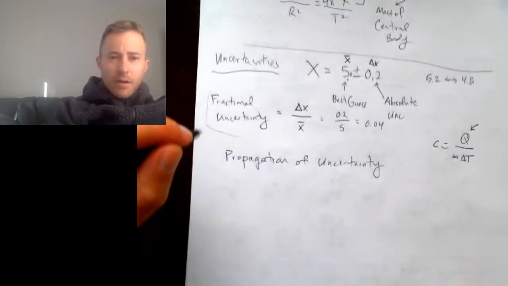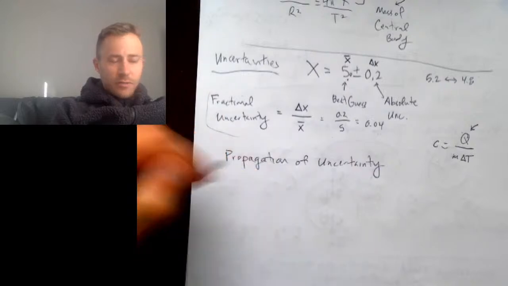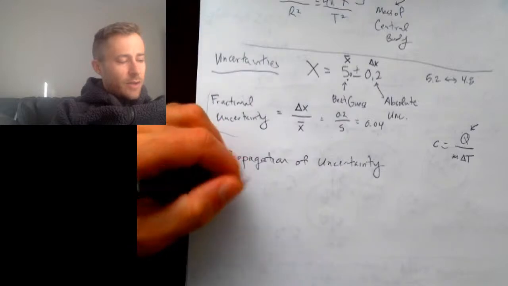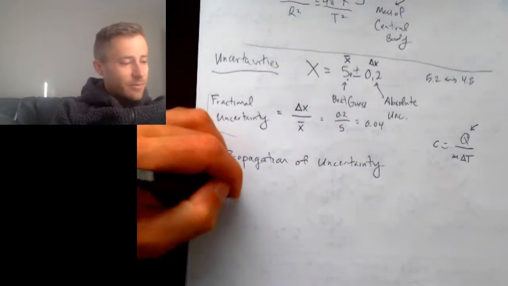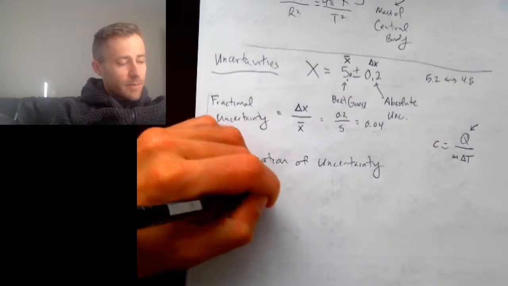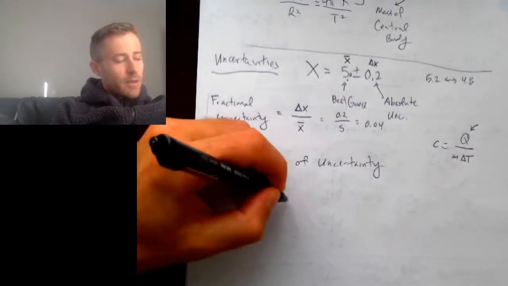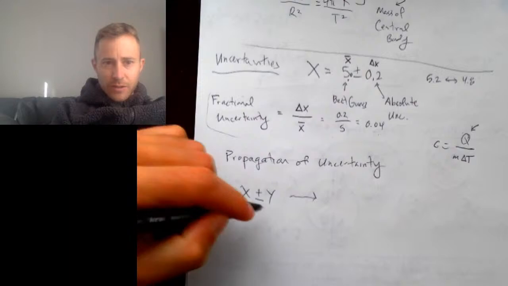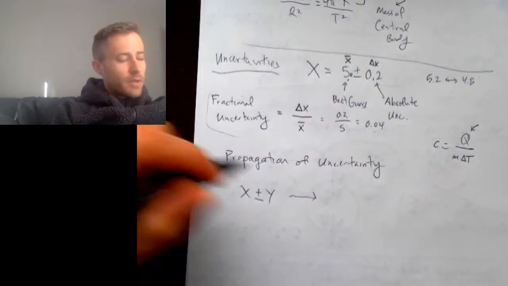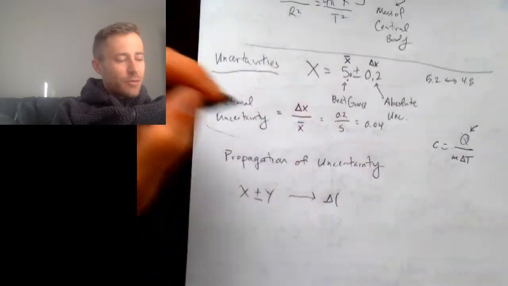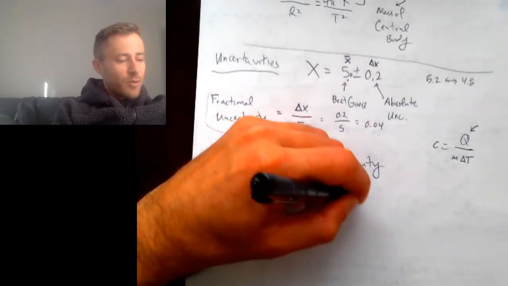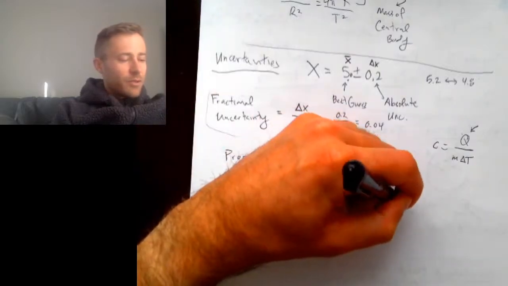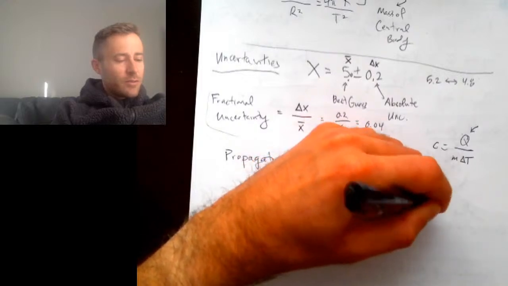All right. And so the way that propagation of uncertainty works is, if you have two numbers that are added or subtracted together, then the absolute uncertainty in x plus or minus y is going to be the absolute uncertainty in x plus the absolute uncertainty in y.